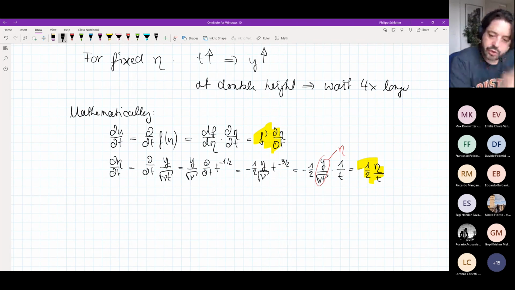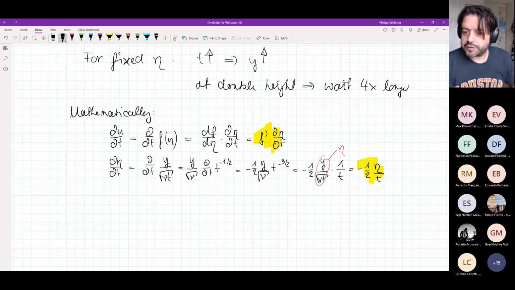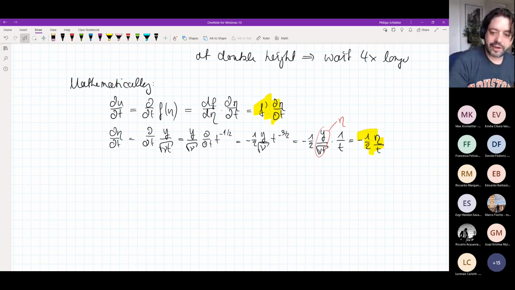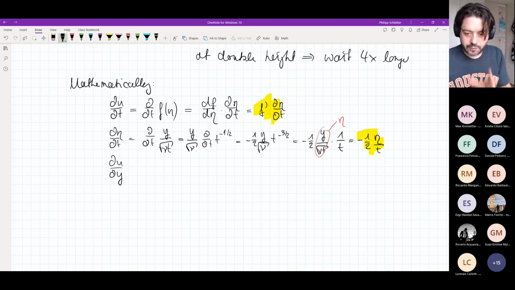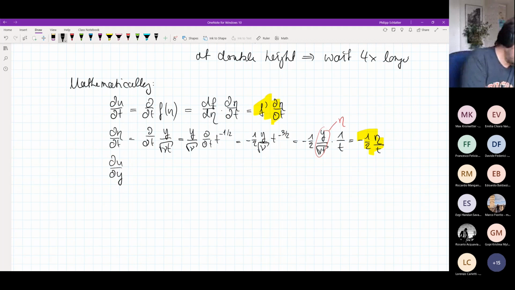Okay, let's just continue with also the second derivatives, and then we can put everything together, and we will directly see why this is an interesting way of solving. The other derivatives that we need are du dy, and in particular d squared u dy squared. But we start with the first derivative first.